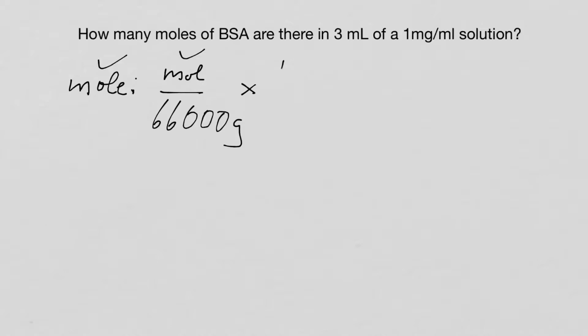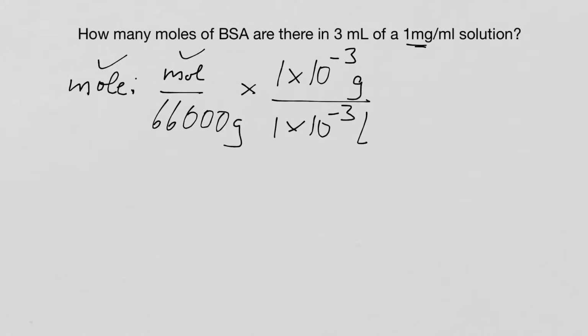Times 1 times 10 to the minus 3 gram, that's from here, divided by 1 times 10 to the minus 3 liters. So the grams cancel out. We've got the liters left. We want to get rid of the liters. Times 3 times 10 to the minus 3 liters. Liters cancel out. We've got mole left. That's what we want.